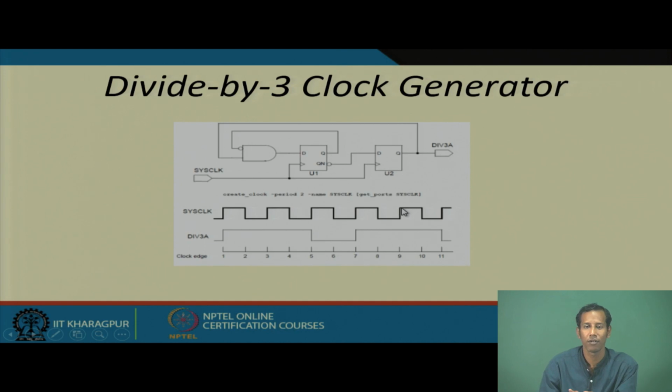Then again, after one clock period it will be 0, then again it will go back to 1. Something like that you have to generate, or you can create this divide by 5, divide by 7, divide by 9, divide by 11, any of these circuits related to this kind of configuration.